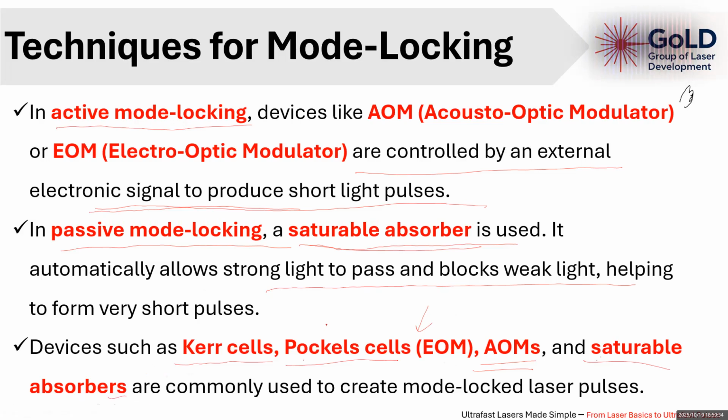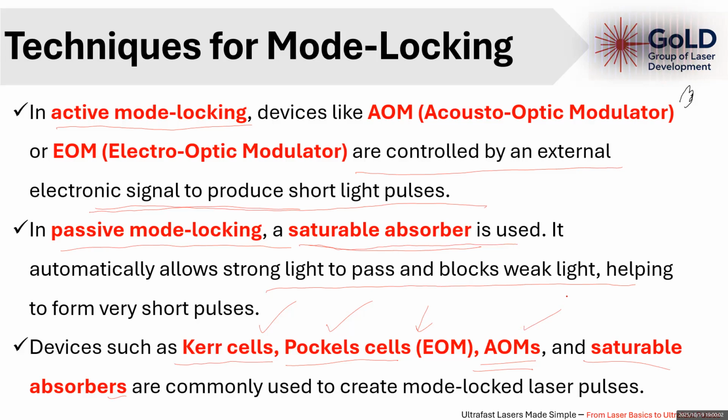These are very interesting and also confusing things. If you don't go through them, you may not understand. Many people are still researching the Kerr cell. The Pockels cell is a standard device for electro-optic modulation, and in the acousto-optic modulator we use acoustic waves.